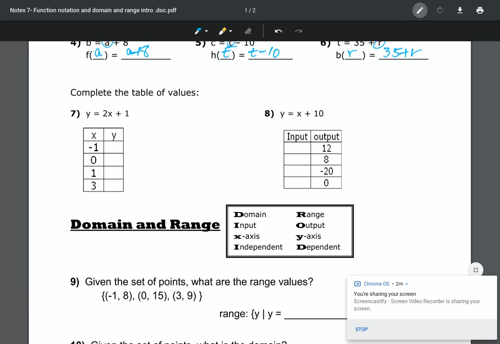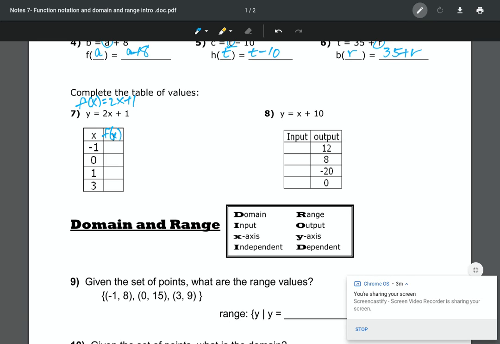So right here, if we have an equation, y equals 2x plus 1, since we're dealing with function notation, it may look like f of x is equal to 2x plus 1. So in place of y, you would actually have f of x. That's something that you may see later on. But again, f of x is the same thing as y.